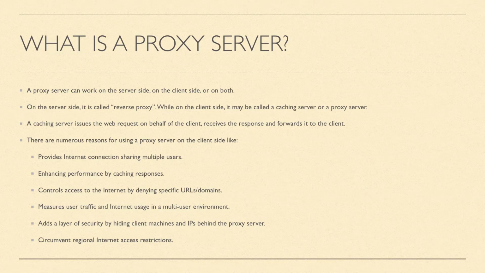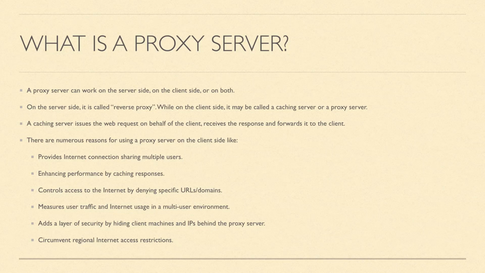And the next feature is that it adds a layer of security by hiding client machines and IP addresses behind it. So think of it. Now you're browsing the internet, your IP address is visible to the remote web server that you visit, and also to anybody who is intercepting this connection.